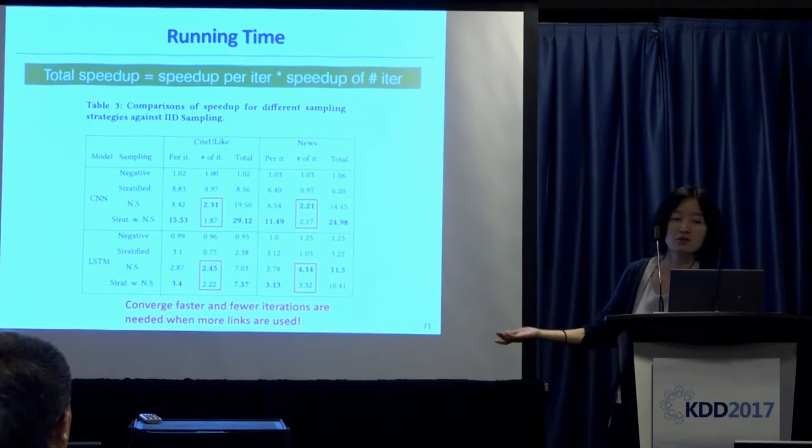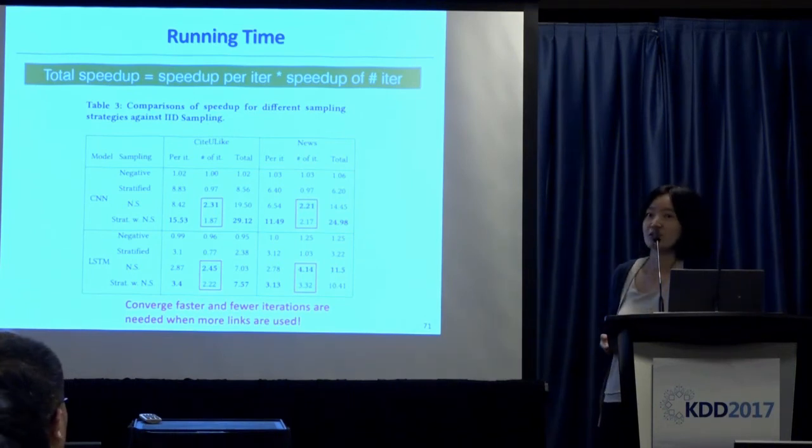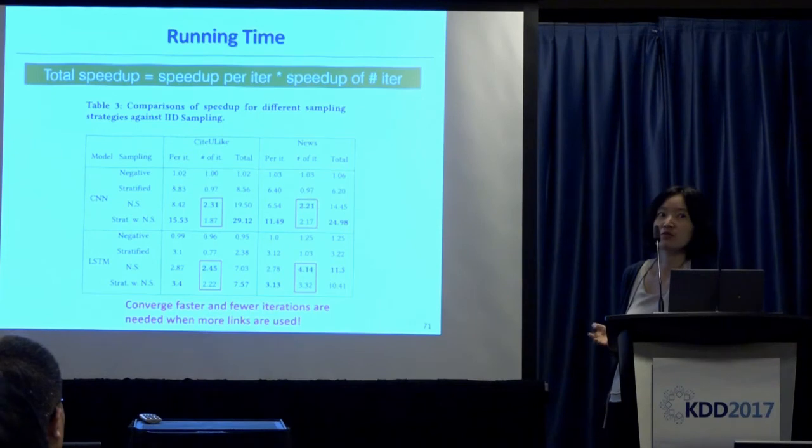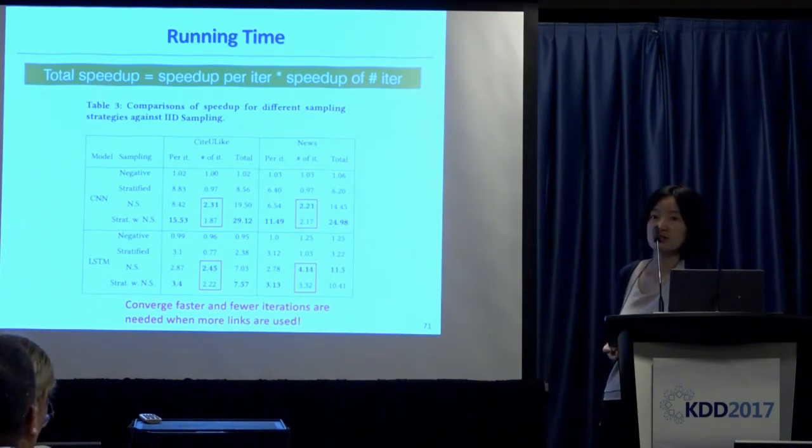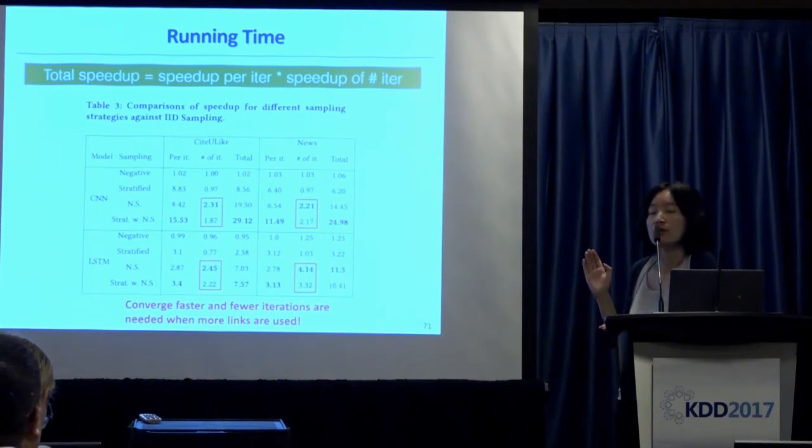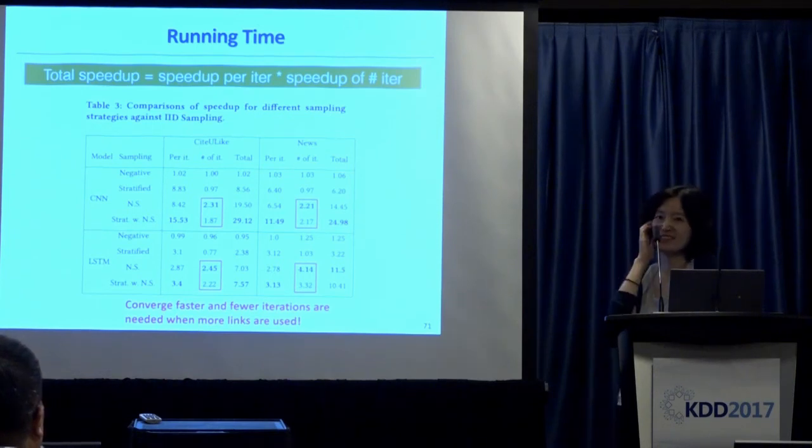In the previous analysis, we just said that for this mini-batch, the time is going to be much better. But whether we need fewer or more iterations? It turns out that if we use more data points, then we need even fewer iterations. So the speedup comes from two parts. Basically, it's not just faster than the other algorithm, but it also requires fewer data points. The data points are still the same, so I still do not understand.